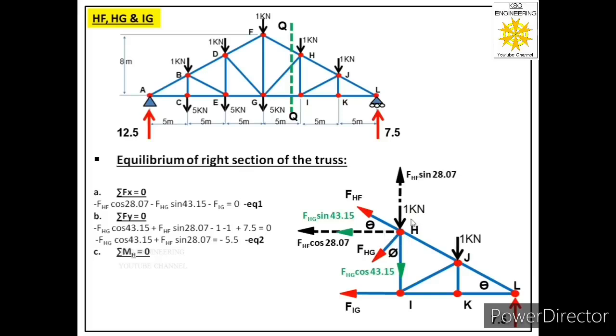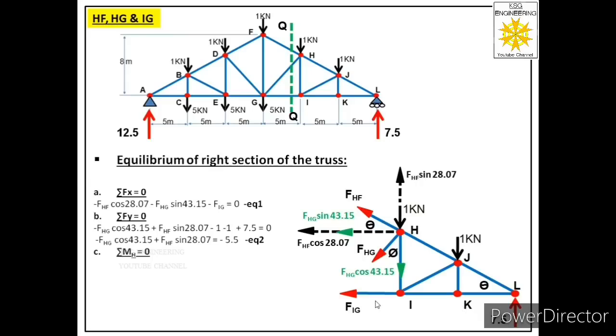So if we will consider moment about joint H, then we will be left with only three forces for which we have to find the moment about joint H. Those are FIG, 1 kilonewton and reaction 7.5.